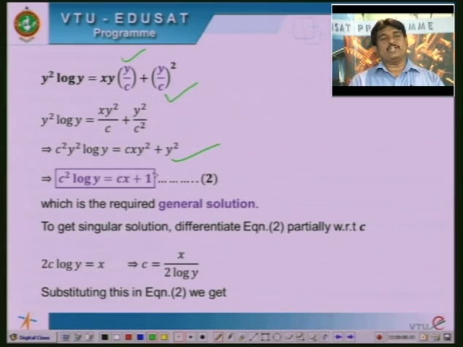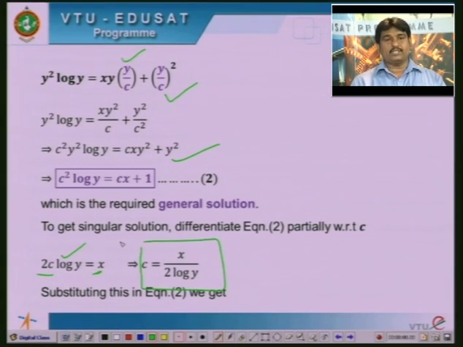We have to differentiate this general solution with respect to the arbitrary constant c, assuming the other two variables as constants. So if we differentiate 2 partially with respect to c, we get the derivative of c square as 2c, log y is treated as constant, equals the derivative of cx, which is x, and the derivative of 1 is 0. With this, c becomes x divided by 2 log y.